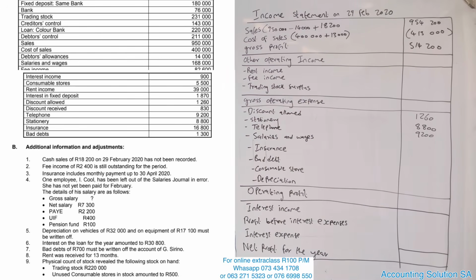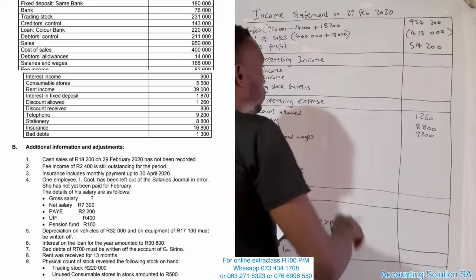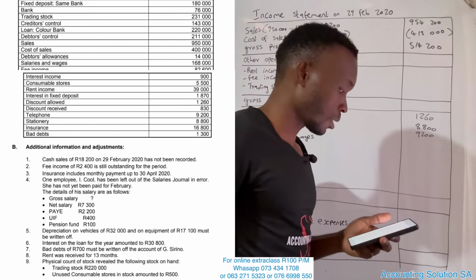So here we are going to calculate a surplus. So in our surplus, I'm going to explain in detail how we get it. All right. Now let's continue. It's gonna help you a lot to understand a trading stock surplus.